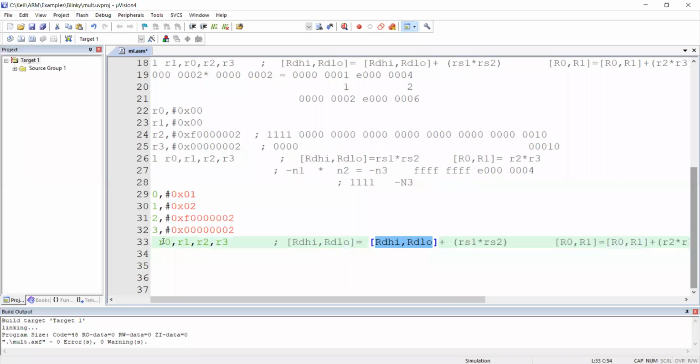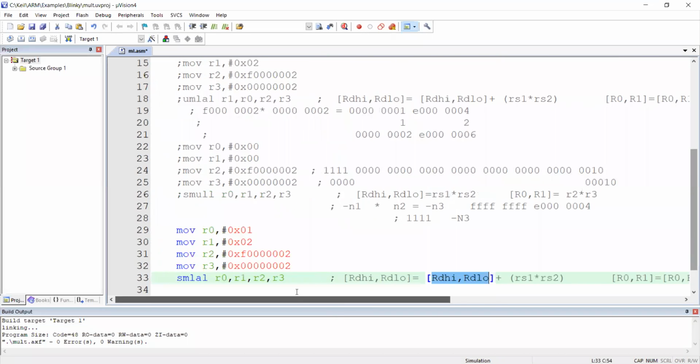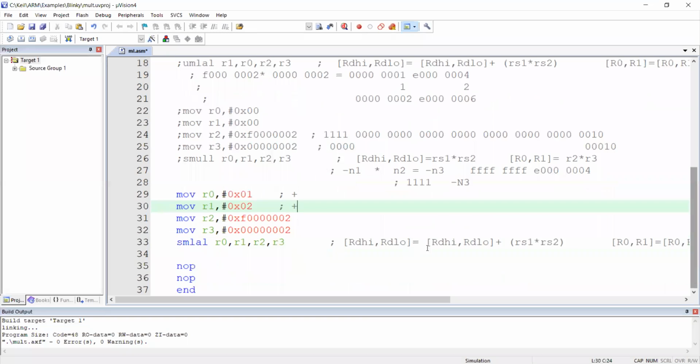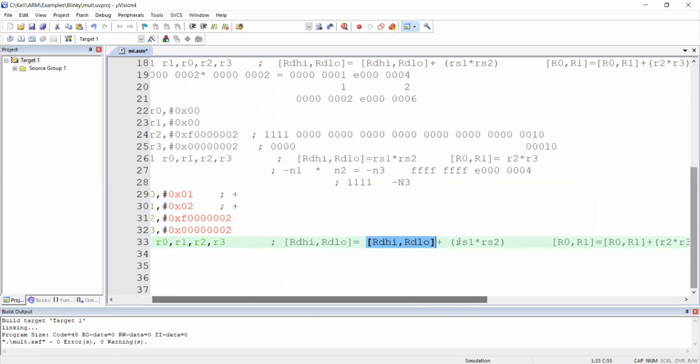Whatever the existing values of R0 and R1, I only force values 1 and 2. So please remember these are plus, and even this is also a plus number. Why? I will tell you a little later. So both are plus numbers, and the result will be a minus number.